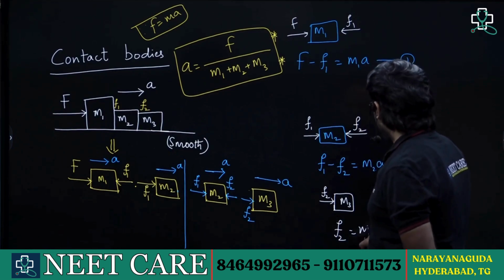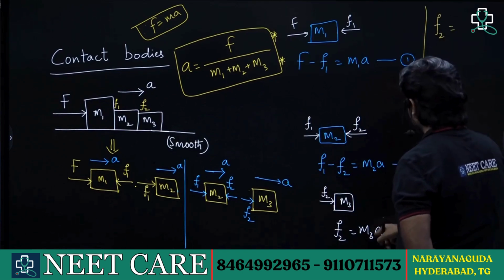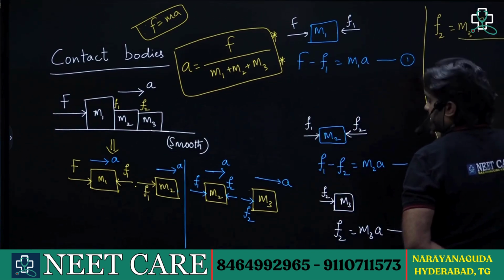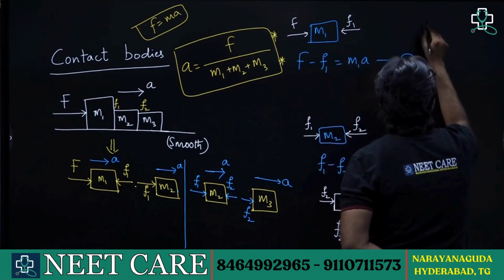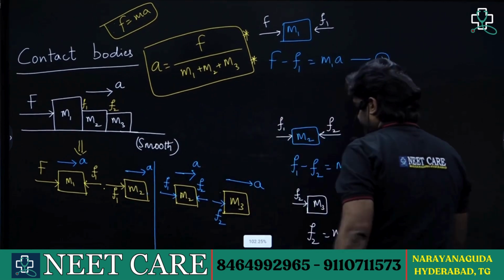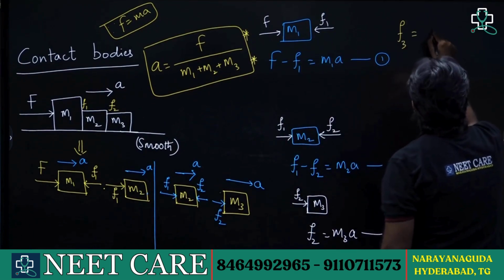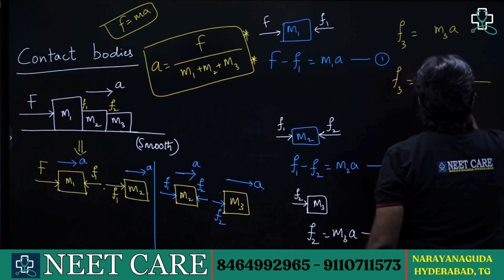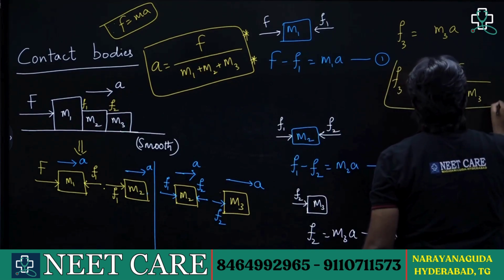Then try to write down the formula for F2 here. From the third equation I can write F2 is equal to M3 into A. By substituting the A value from here, you can write F2 is equal to M3F, in place of A just replace with this, over M1 plus M2 plus M3.